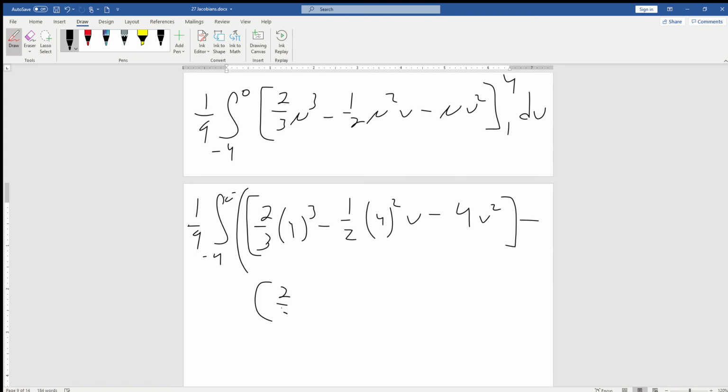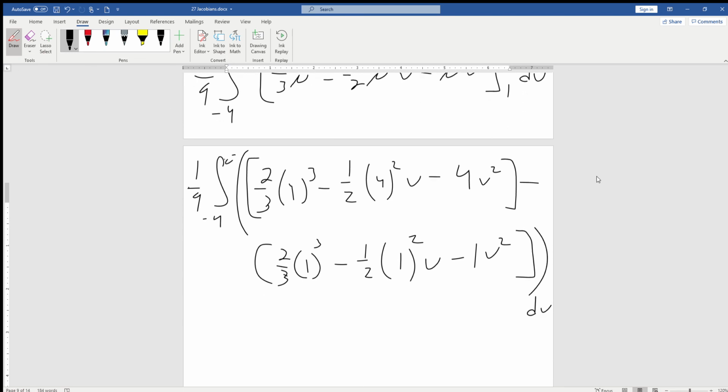So that's 2/3 times 1 cubed, excuse me, minus 1/2 times 1 squared v, minus 1v squared. And there's still a dv out there. So we're going to simplify all this.